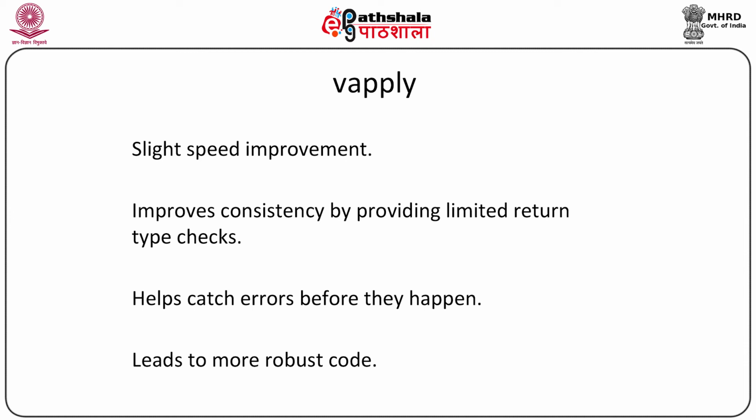Now the question is why vapply is safer and faster than sapply. The second one that we just discussed gives us the greater advantage as it helps to catch errors before they happen and leads to more robust code.